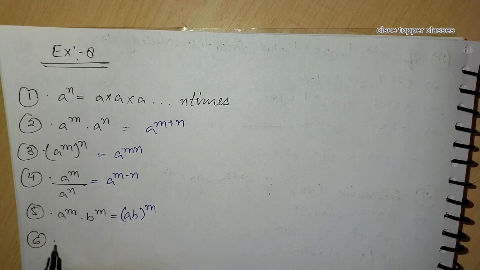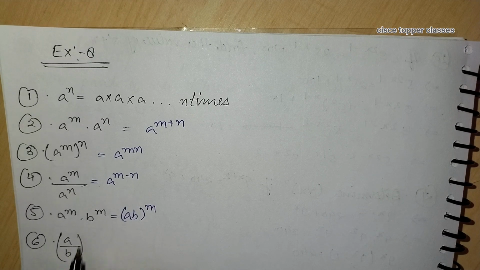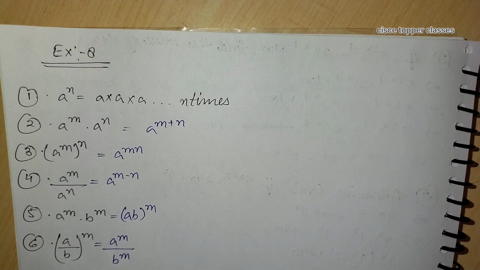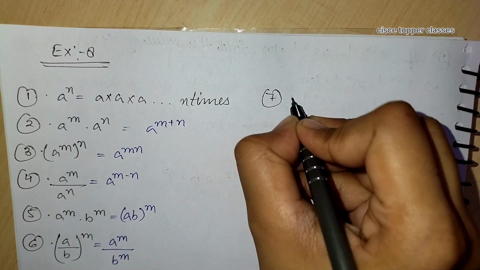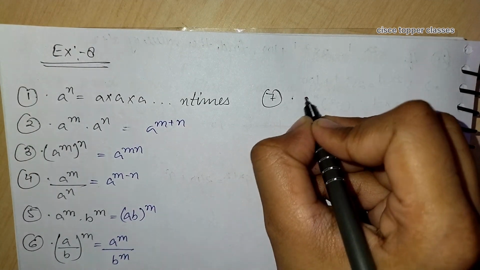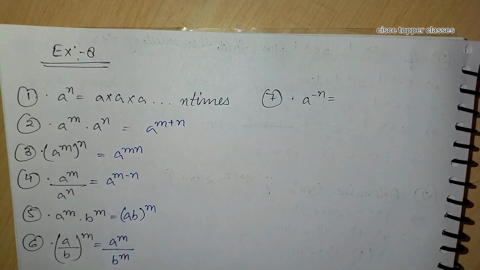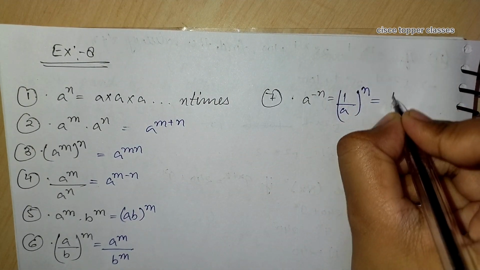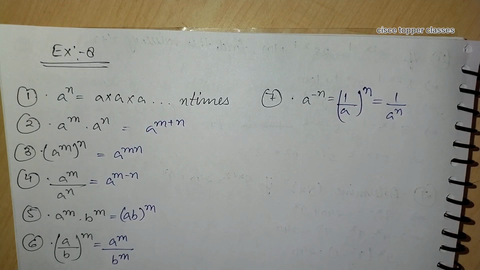Now sixth part is (a/b)^m. We can write it as a^m divided by b^m. Now the seventh formula here is a^(-n). We can write it as 1 by (a)^n, that is 1 by a^n.